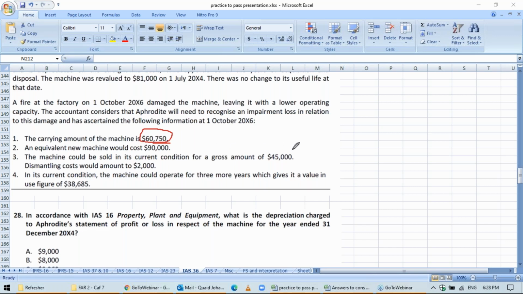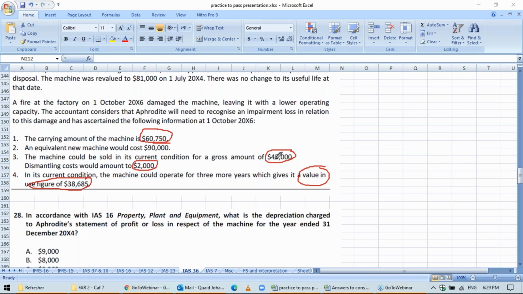Sorry, the machine could be sold now for 45,000, and dismantling cost would be 2,000. And what do they say about the value in use? The value in use figure is 38,685. Right?